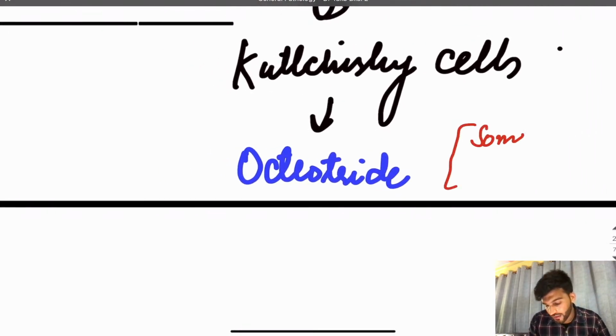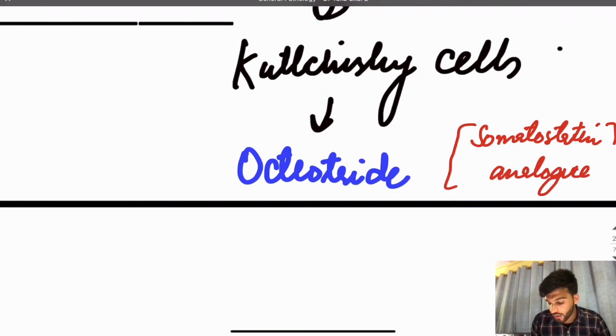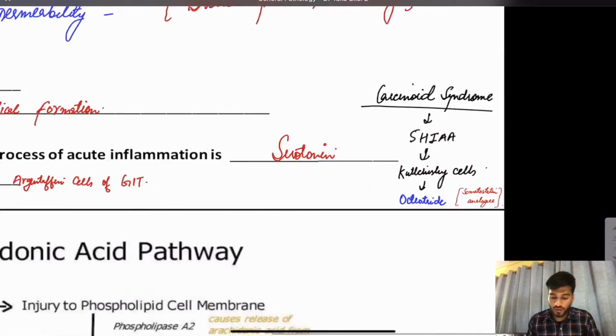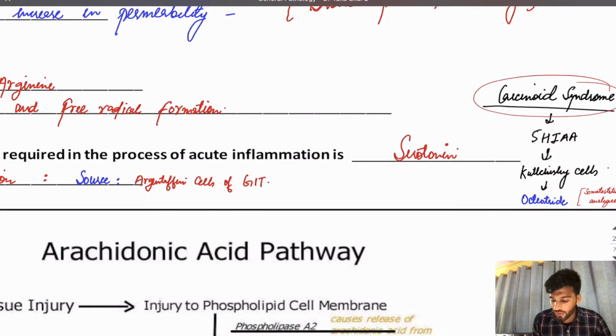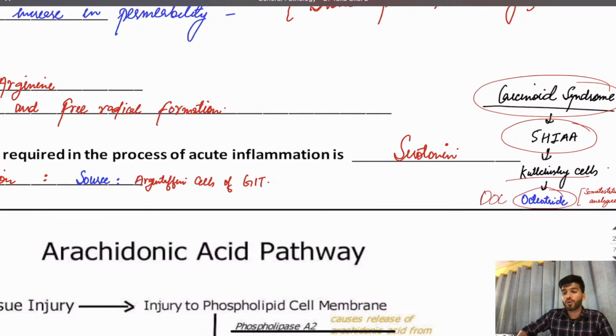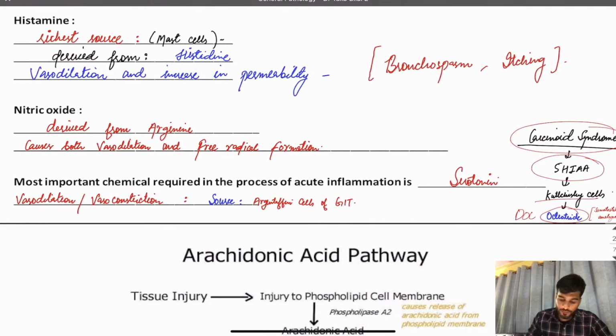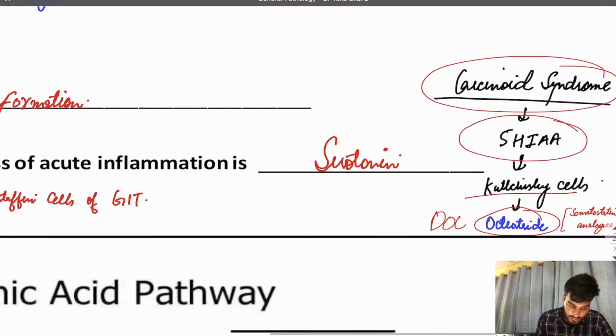Remember the class of the drugs, guys, they can ask anything. This is the same octreotide that we use in acromegaly. Serotonin acts on 5-HT3, you already know that.